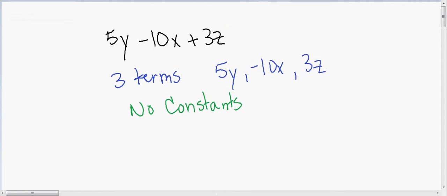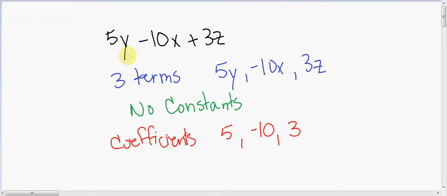And my coefficients, in front of the y I have a 5, in front of the x I have a negative 10, and in front of the z I have a 3. Okay, so that breaks down that entire variable expression that we have right there.